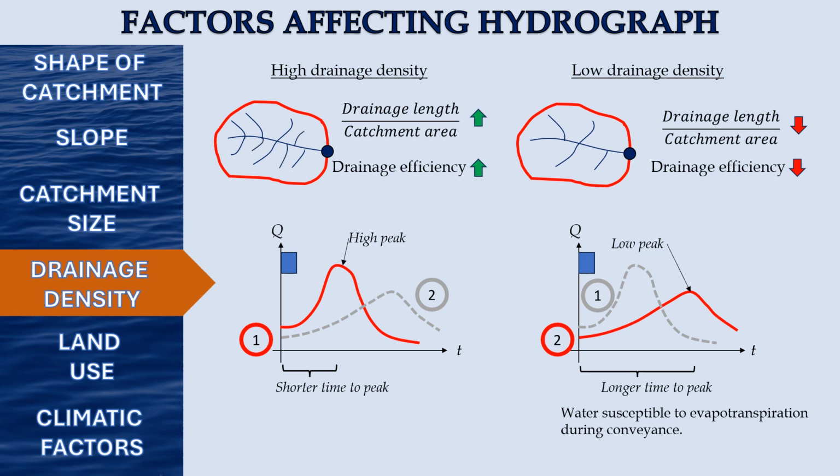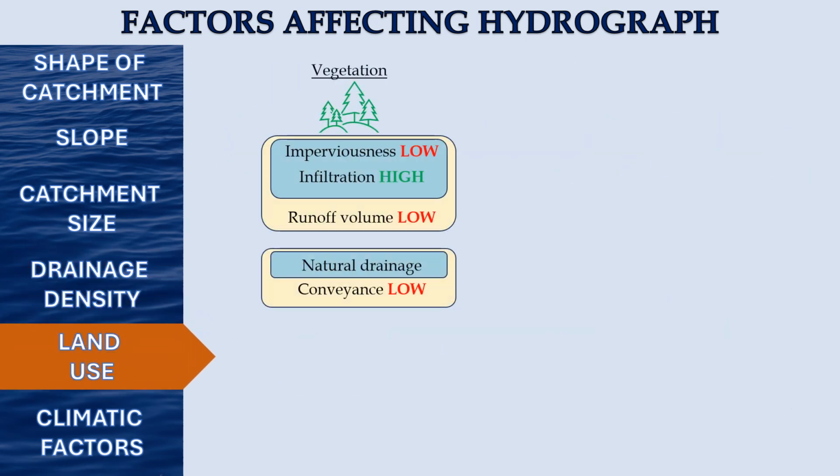This lowers the peak of the hydrograph. Land use, or rather land cover, directly affects the rate of infiltration and soil storage capacity. For an undeveloped land covered by vegetation, high infiltration occurs, and as a result, the peak flow will be reduced.